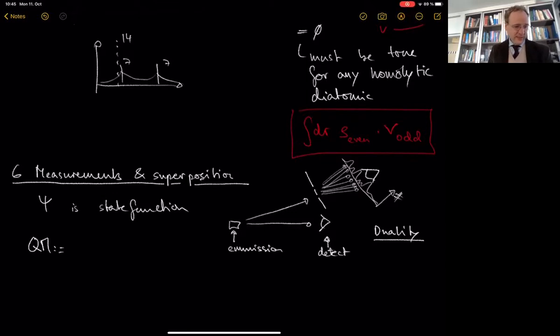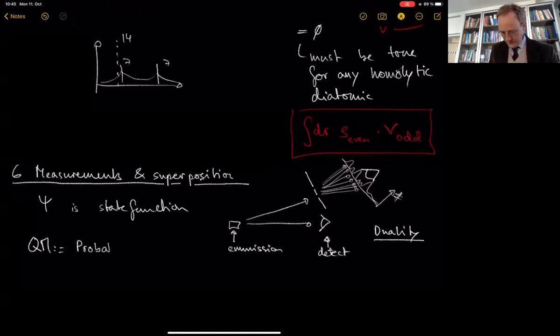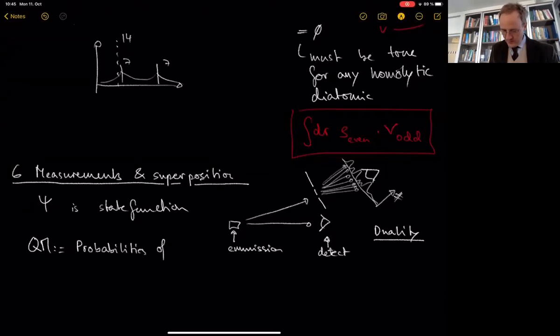So we want to deal with the probabilities of possible measurements or measured values. Let's put it like this.